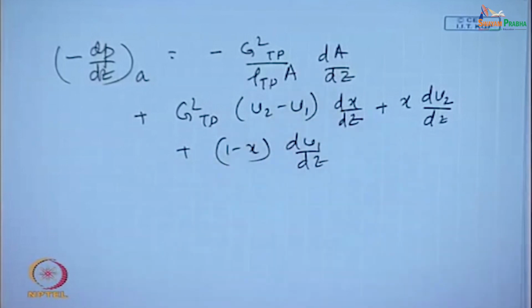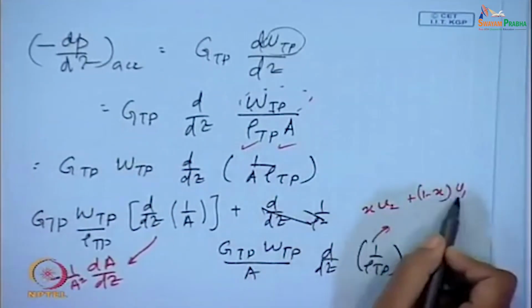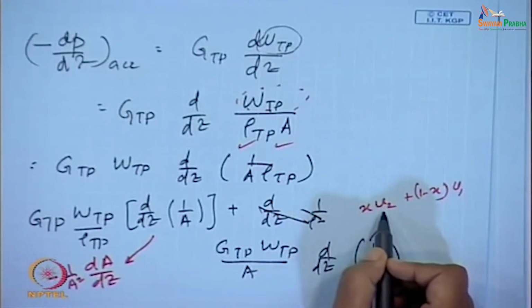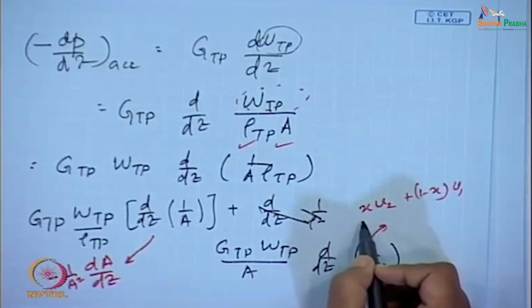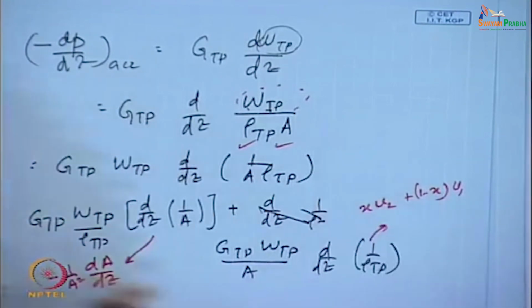Because here, if you write it in this form, both x might vary as well as V2 might vary. X varies only when there is a heat transfer, and V2 varies when there is a very rapid increase in pressure. So, to keep matters normal, we will be considering all possible things that can happen. Okay.